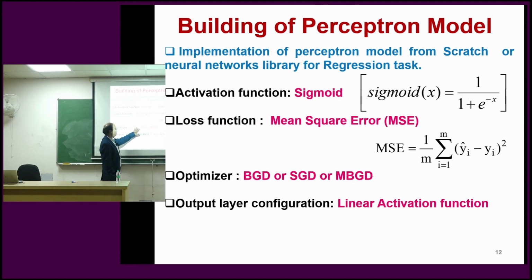And you can pick any one optimizer based on your understanding, but preferably mini-batch gradient descent, because in your library that's called SGD, which is nothing but mini-batch gradient descent, or you can use Adam or other variants as well. So the output layer always uses the linear activation. Linear activation is nothing but this part, right? So this is the loss. Ideally MSE should be 0, but practically close to 0.